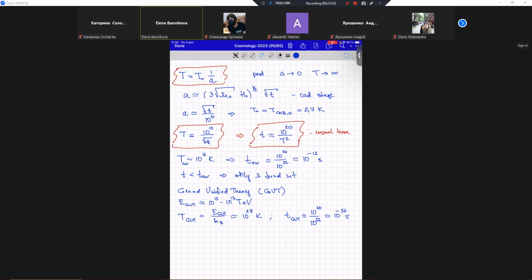Sometimes we say that the universe is a laboratory for the poor people. When we speak about poor people, it means humanity, because really, if we would like to investigate what happens at such energy, we need to build a really huge collider.